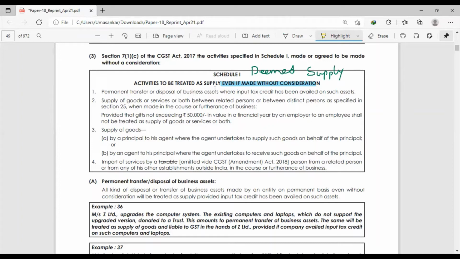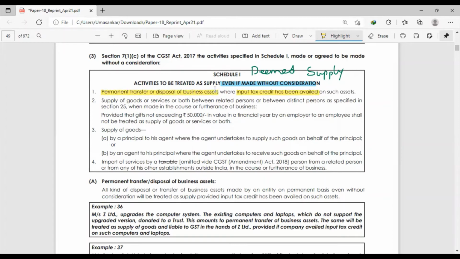In the first case, if you have taken input tax credit on the purchase of the asset, then when you sell or dispose or permanently transfer, that will be considered supply. If you have not availed ITC, then it will not be considered as a supply on sale. So this point: where input tax credit has been availed, then permanent transfer or disposal of business assets will be considered as deemed supply.